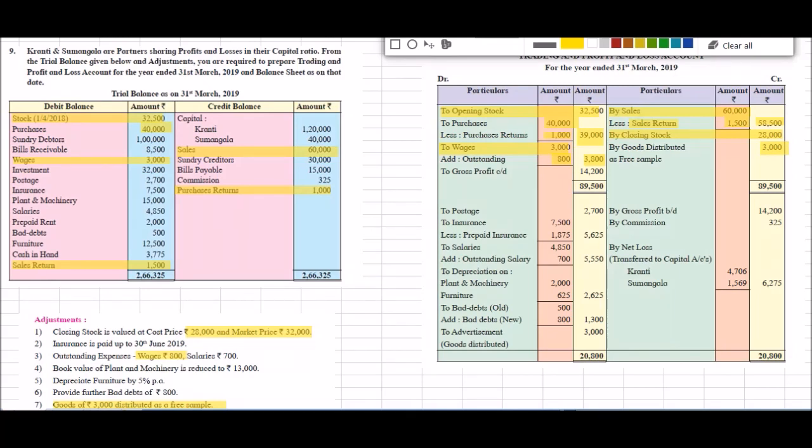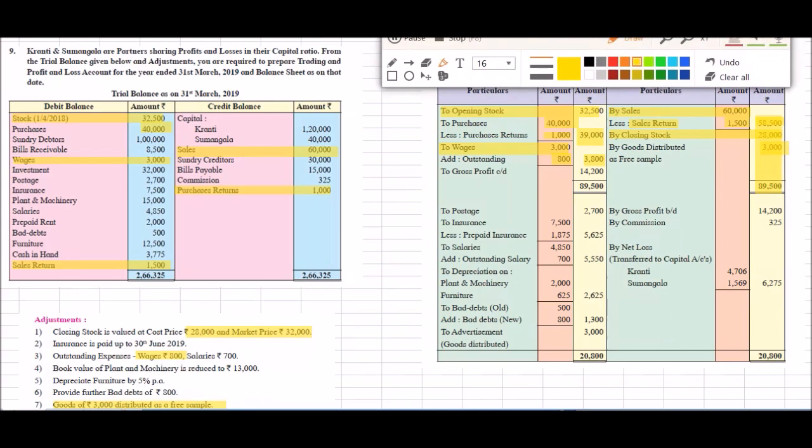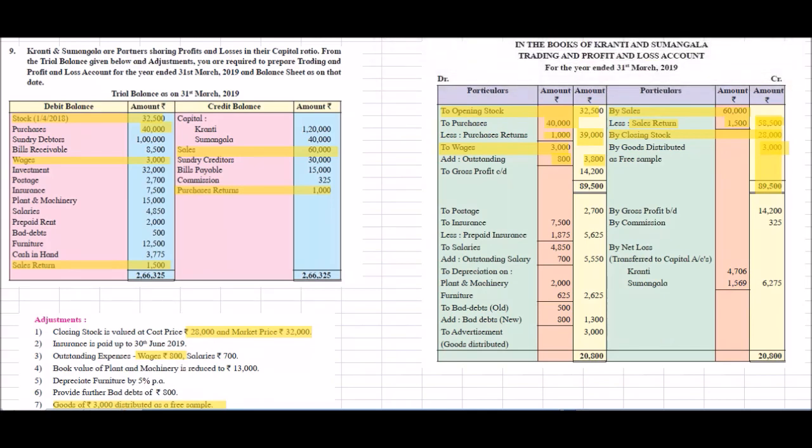After adding these amounts, 58,500 rupees plus 28,000 plus 3,000 becomes 89,500 rupees. And on the other side, 32,500 rupees, 39,000, and 3,800 rupees.